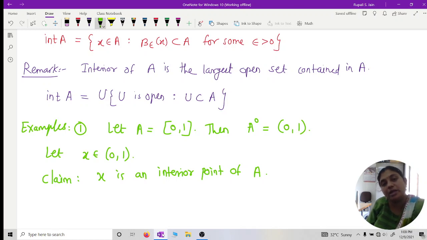By definition, if we can have some open ball which is totally contained in A, for which x is the center, then we can say it is an interior point. So can you give me an open ball of some radius?